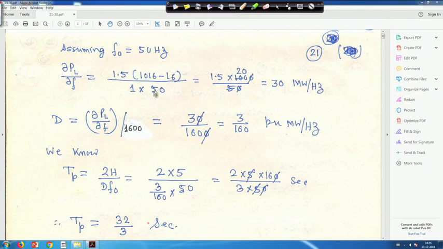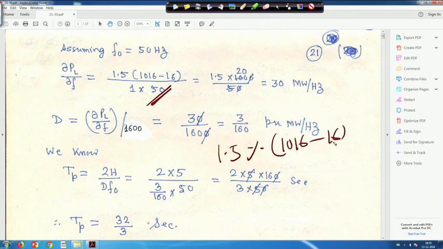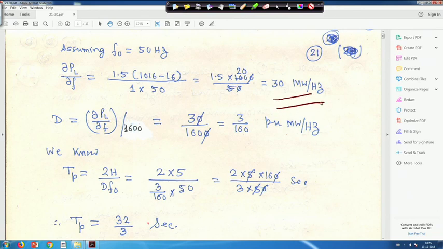This is 1.5% of the load, 1016 minus 16 megawatt, divided by 1% of 50 hertz. The percent cancels, so it is written 1.5 by 1 times 1000 by 50, and that comes to 30 megawatt per hertz.